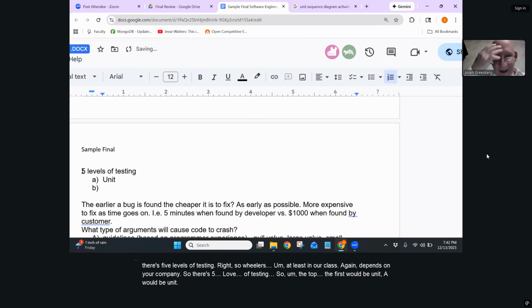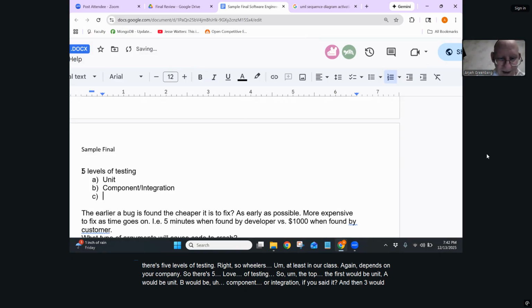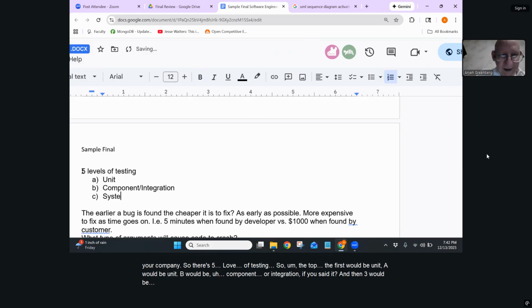B would be component, or integration, as you said. And then C would be system testing, or end-to-end. You test the whole system.